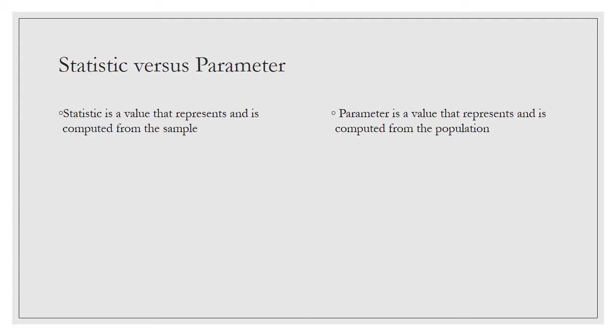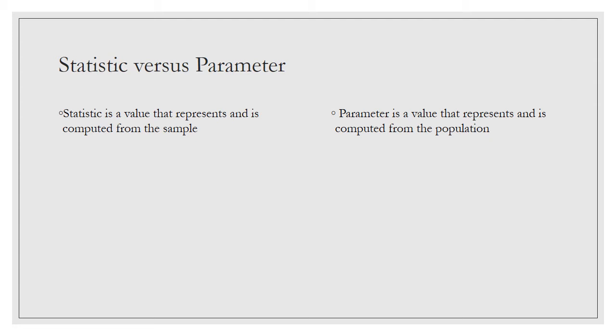It's more than just a theoretical or philosophical difference, although it really is a meaningful philosophical and theoretical difference when we get into inferential statistics. There's also a small adjustment we sometimes make for our statistic versus a parameter, so it's useful to know when you're dealing with one or the other. So just as a recap, a statistic is related to a sample and it's a computed value that represents that sample.